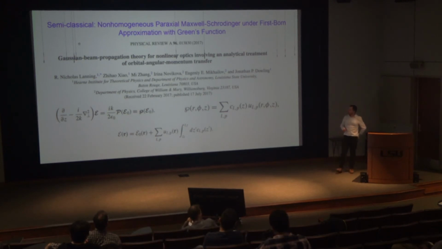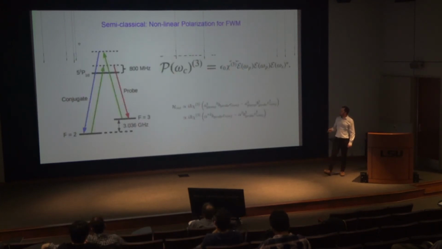And so I used this semi-classical formalism first to compute how the generated conjugate and amplified probe beam would look like. In this case, I'm talking about a four-wave mixing process.